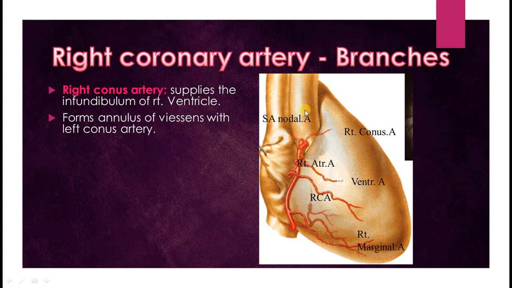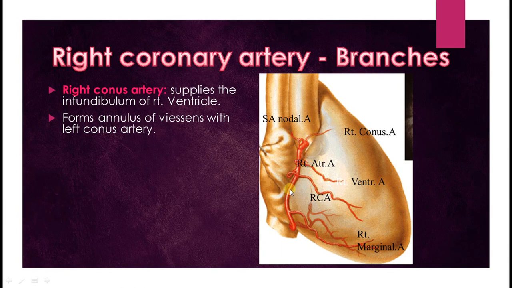It forms a vascular ring like a necklace. It is the anastomosis of the right conus artery and the left conus artery, which is a branch of the left coronary artery.